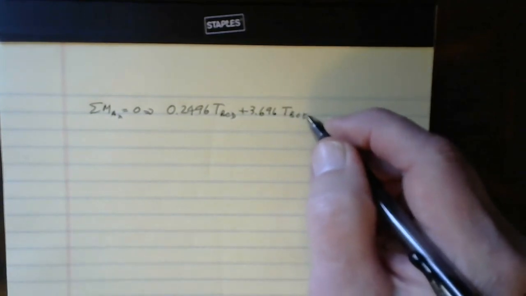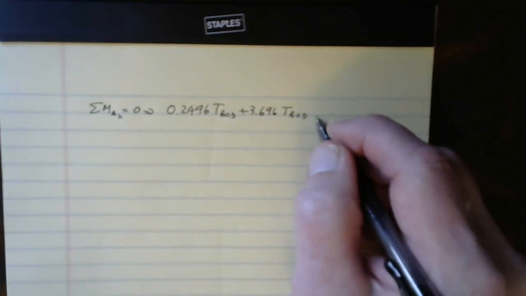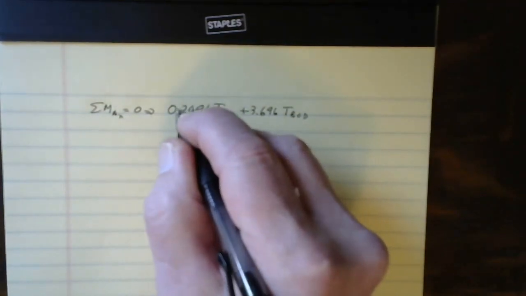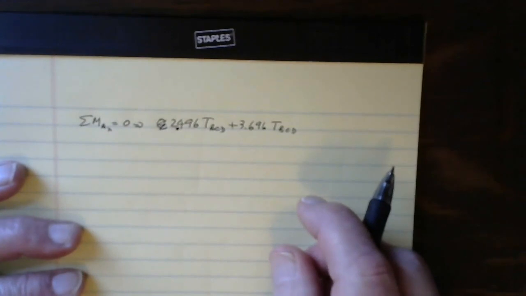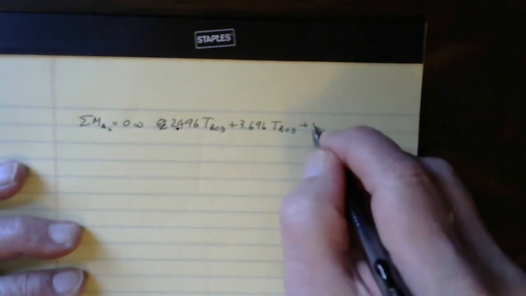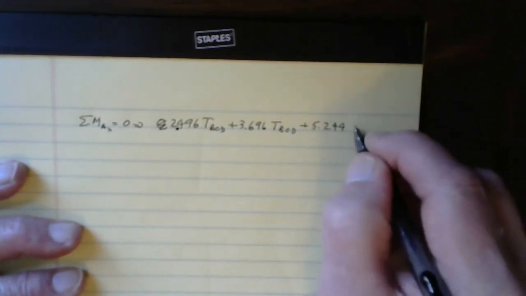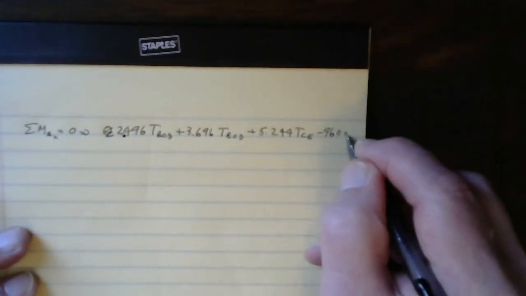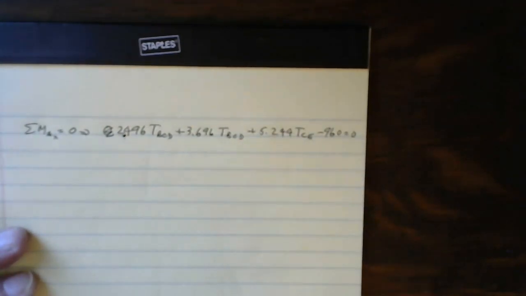plus 5. Double check something here. I'm sorry, this should be 2.496. I got that wrong. 2.496 TBCD plus 3.696 TBCD plus 5.244 TCE minus 960 equals 0. Again, 2.496, 3.696, 5.244.